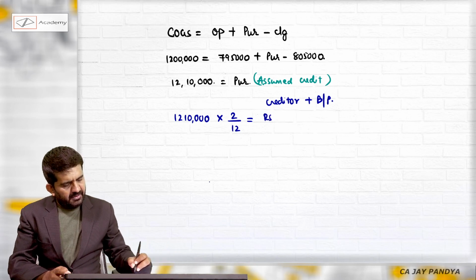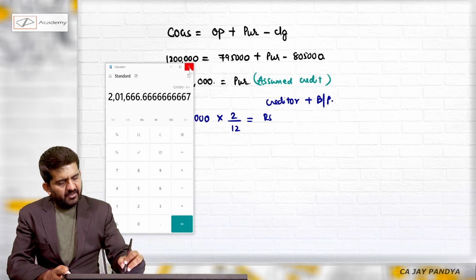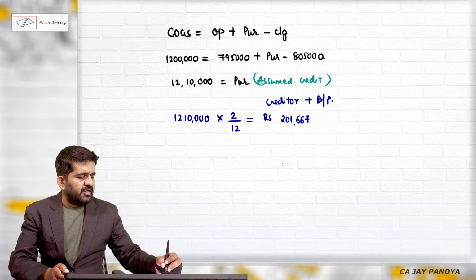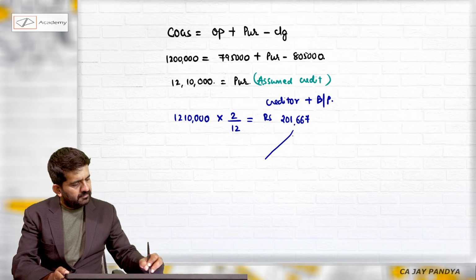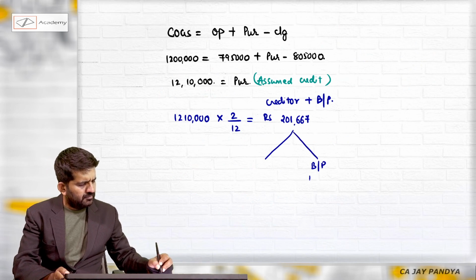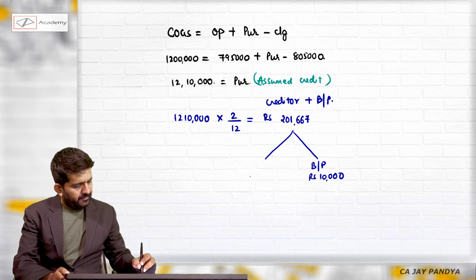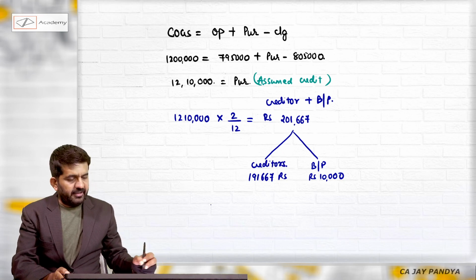The answer will be 12,10,000 divided by 6, 2,01,667, which is creditors plus bills payable. What is bills payable amount? 10,000 rupees. So 1,91,667 will be creditors amount.